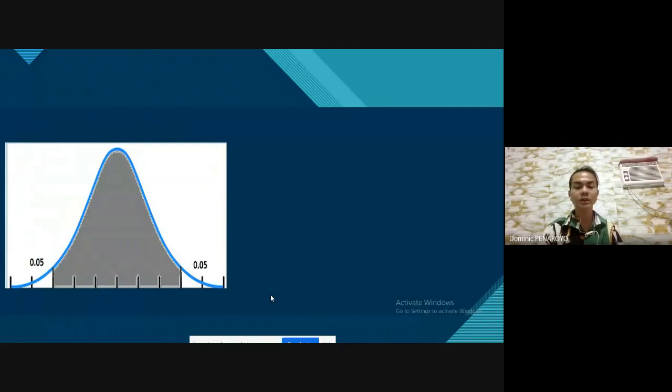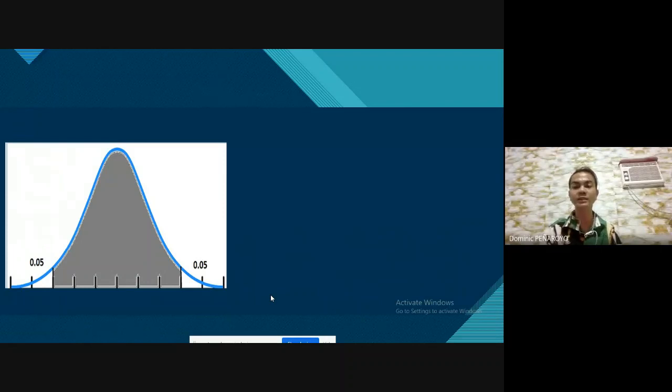Now, your task here is to know the area starting from the mean to the black line, or the black boundaries of the normal curve. Again, starting from the mean up until the black line or the boundaries, what is that area?